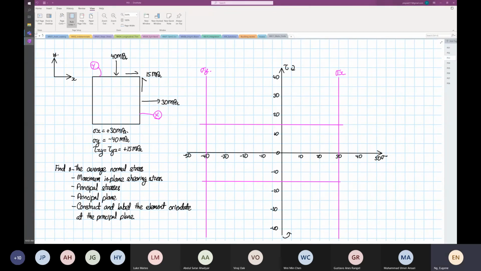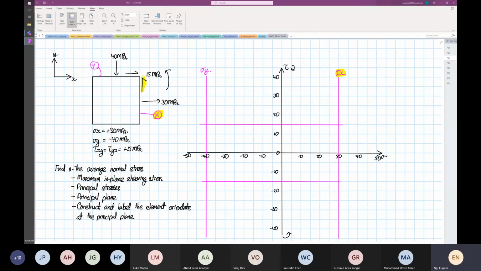Okay, let's focus on point X first. So point X lie down on stress X axis that I've just highlighted in yellow. Right, is on the 30 megapascal line. So the 15 now, where this shear arrow I've just highlighted, it will cause the element to rotate in a what?